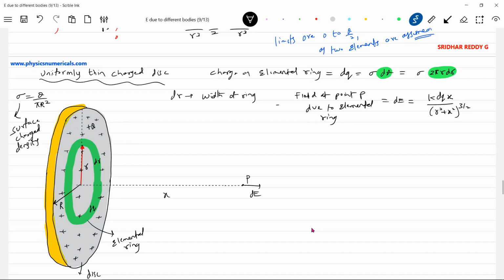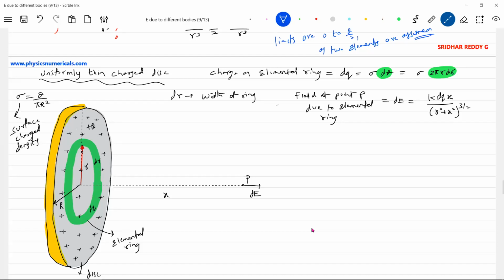Now what to do, how to integrate? Somebody should help us here. How to manage that integration. So let me take help of the geometry available here.